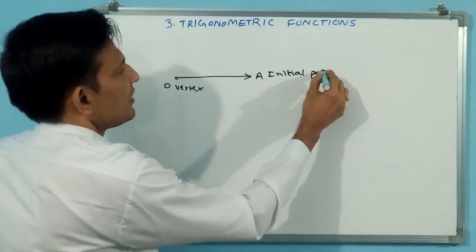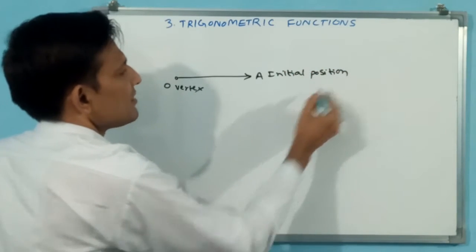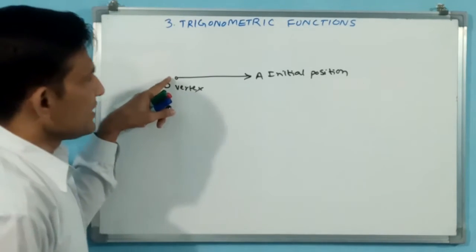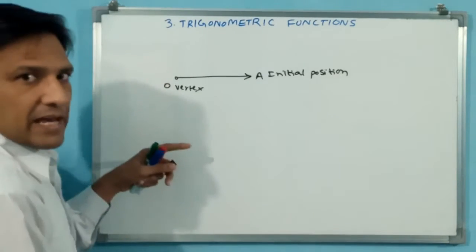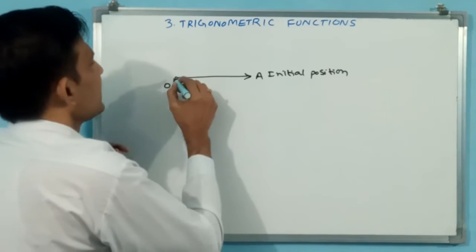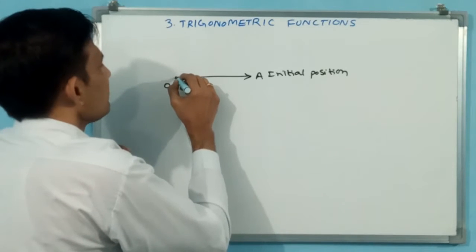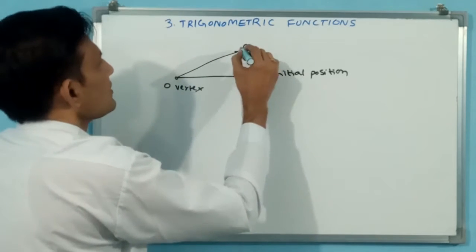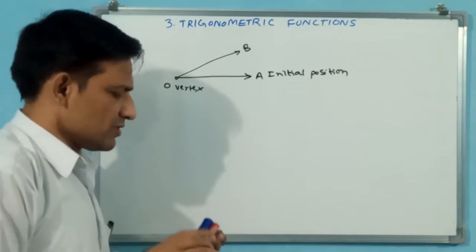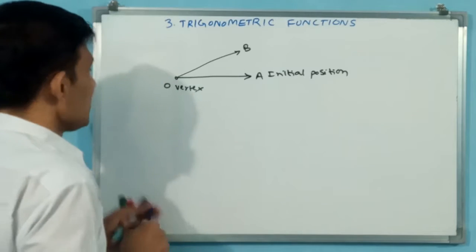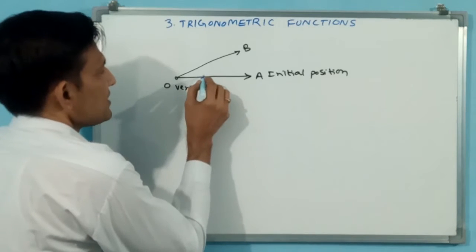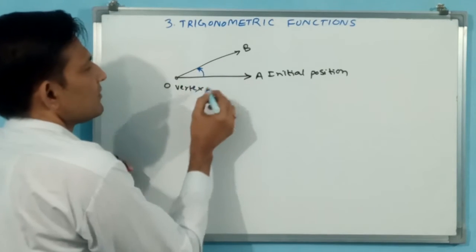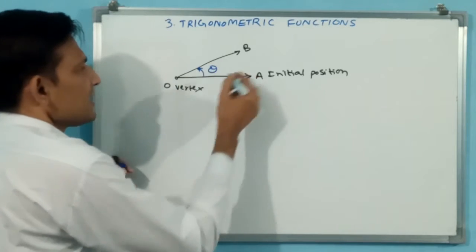Afterwards, keeping the vertex constant, we have rotated the arrow or line. So now the position has changed, and it has taken this position. You might be seeing how we have rotated it; in this way it has gone in this direction.